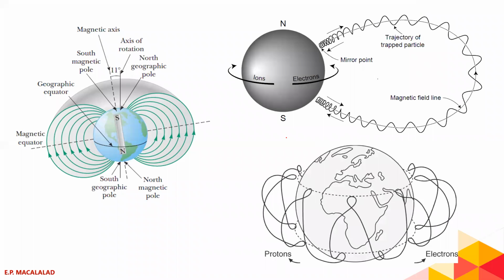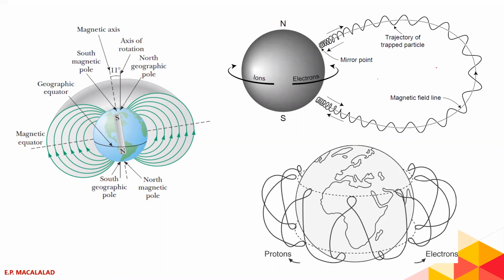So for your geomagnetic field, again, there will be drift and there will be a mirroring. So the particle will gyrate along the direction of the magnetic field, but it will move bouncing off from the mirror points.